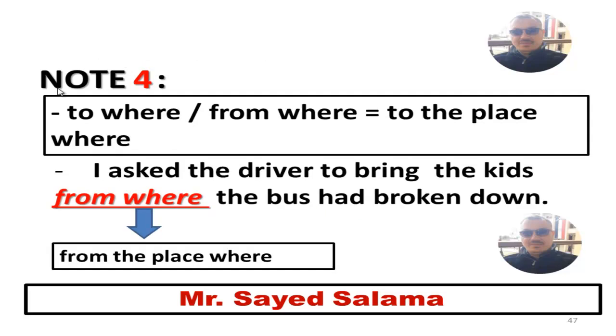I asked the driver to bring the kids from where the bus had broken down. طلبت من السواق يجيب الأولاد من المكان اللي الباص اتعطل فيه. يبقى from where means from the place where. Remember this one. I think this is very important. To where and from where mean to the place or from the place where.